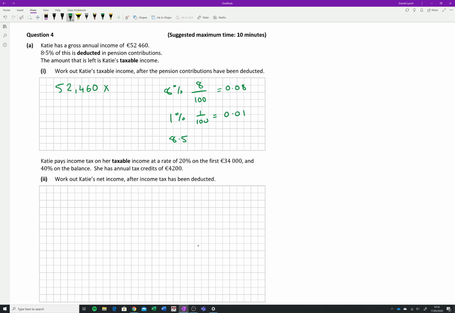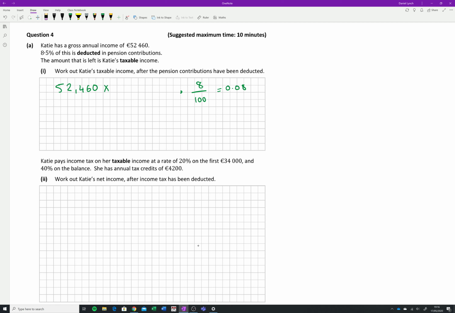And 8.5% is just 8.5 out of 100, which is 0.085. You could type any of those into your calculator, but one would hope that you would know those ones certainly off by heart.